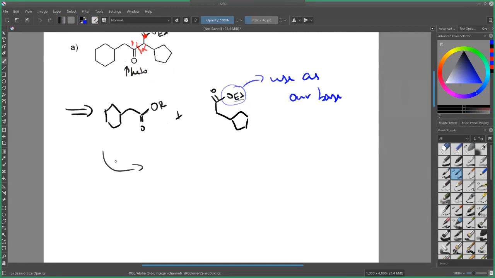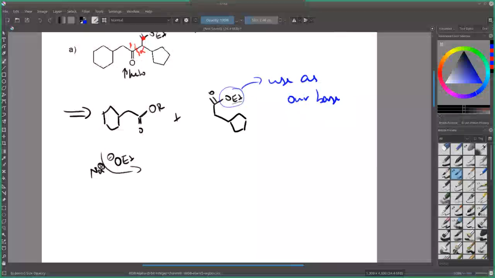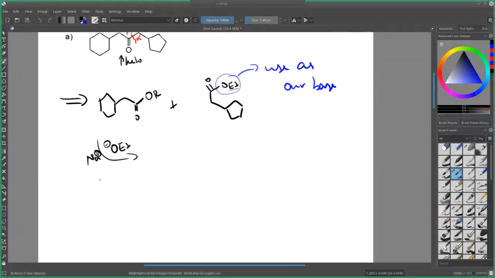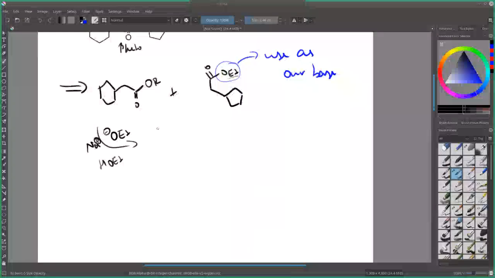In this case, we take O-ethyl, or sodium ethoxide. And that's our base. This is done also in ethanol. Right? And there we go.